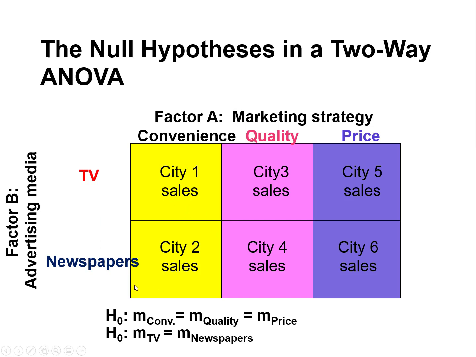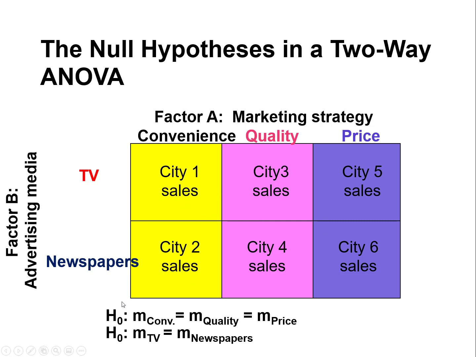So how will we construct the different hypotheses in this question? I want to show you that, because we want to check marketing strategy, the null hypothesis is that the convenience mean, quality mean and price mean are equal. They have the same impact on the sale.